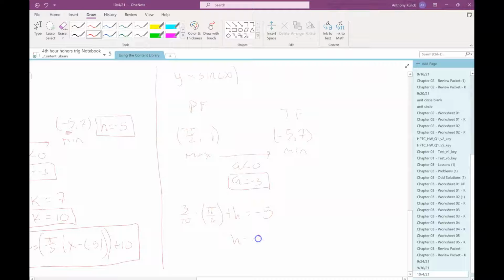So h is going to be negative 3.5. And then similarly, the a times the y from my parent function plus k should give me the y from my transformed function. So that tells me k is 10.